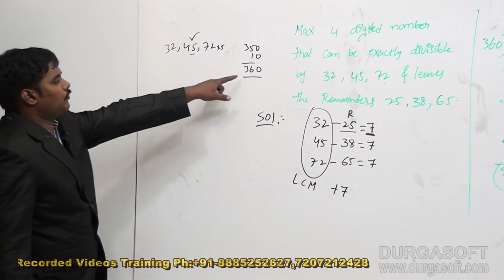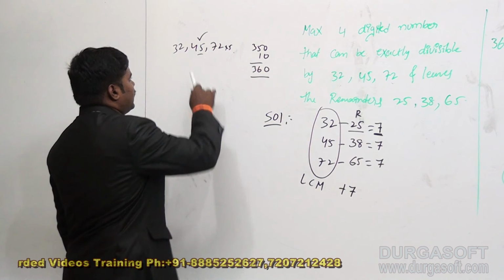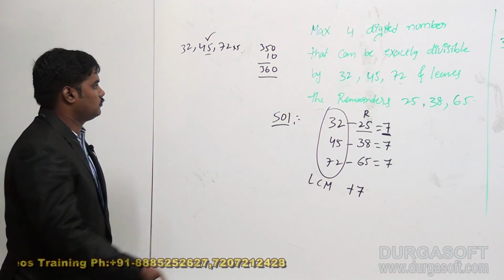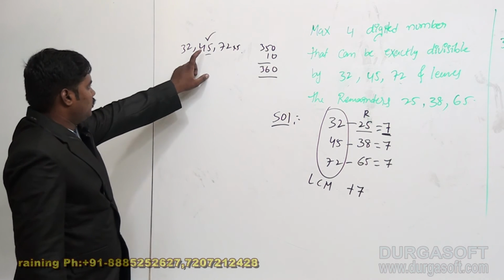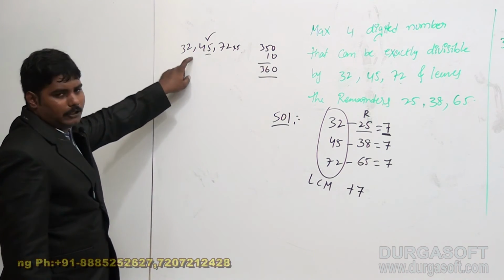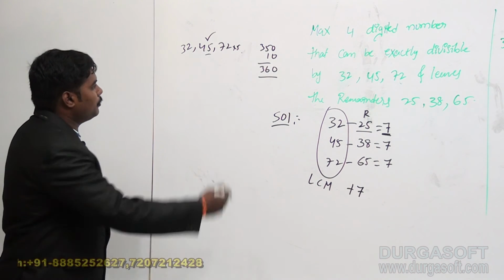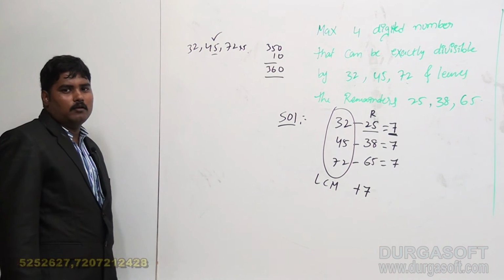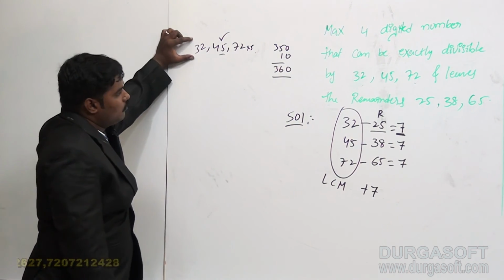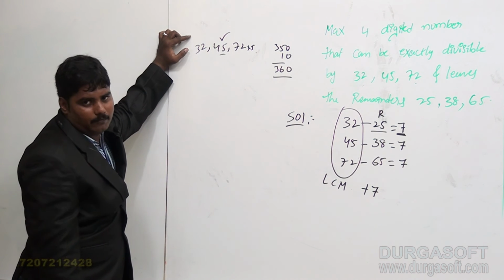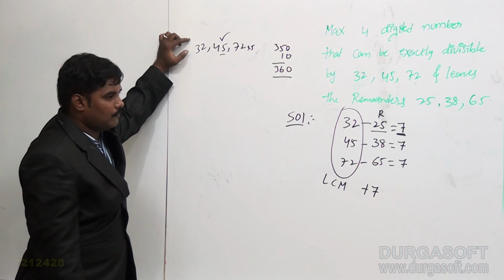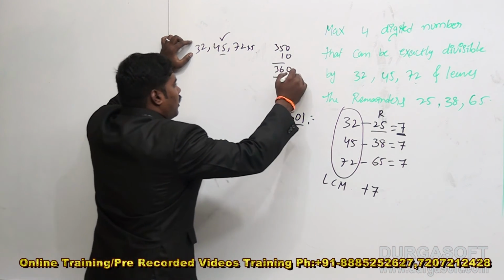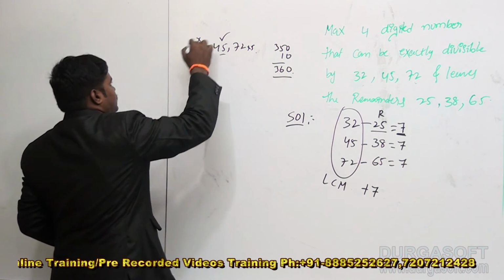Is it divisible by 45? 45 2s 90, 90 2s 180, 180 2s 360, so it is divisible by 45. Is it divisible by 32? No. Am I right or wrong? 32 10s are 320. That is not common to 360, so this is not common.